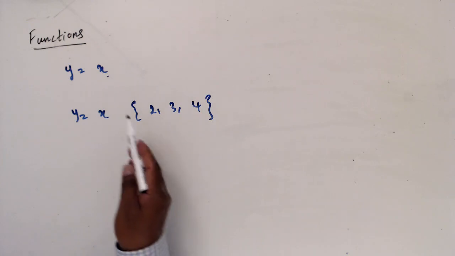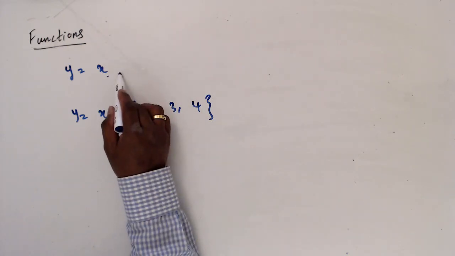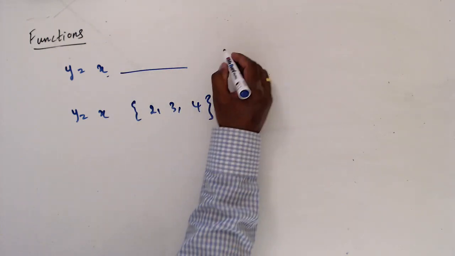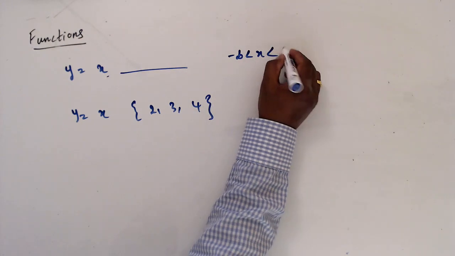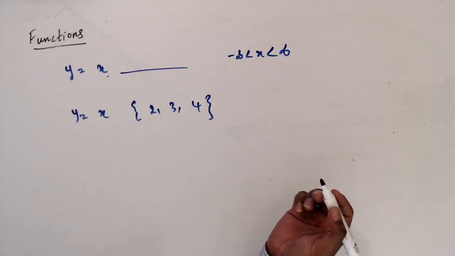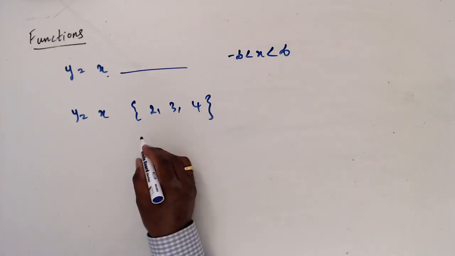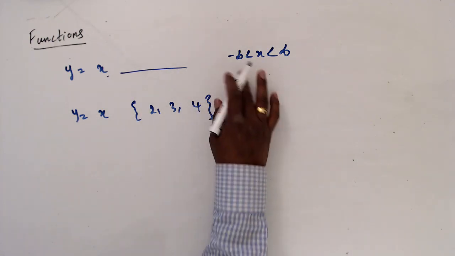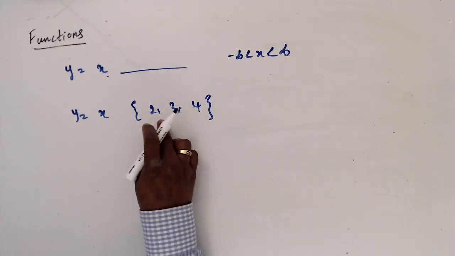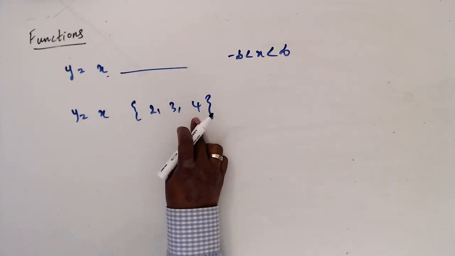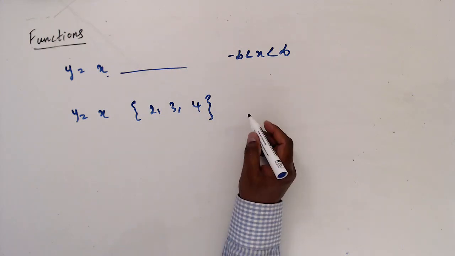The difference is the domain. So there is no restriction for the first domain. The domain is going to be minus infinity less than x less than positive infinity. And here you can't take all the values. They specify that you can only take 2, 3, 4. Then the range is going to be accordingly.